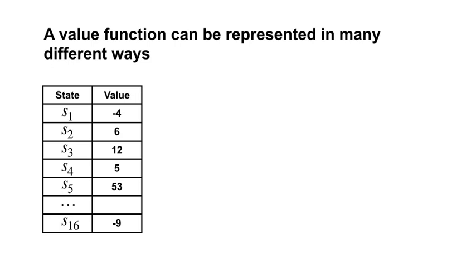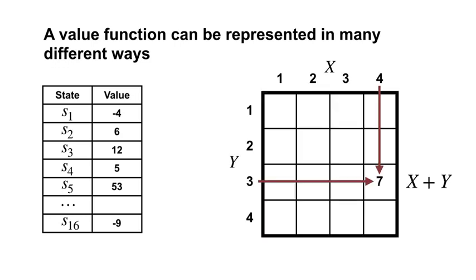In principle, we can use any function that takes a state and produces a real number. For example, in a grid like this, our value function approximation could take the x and y position and add them together to produce a value estimate. This was just to get your intuitions going. We wouldn't want to use this as a value function because we can't modify the approximation. So we have no way to do learning.